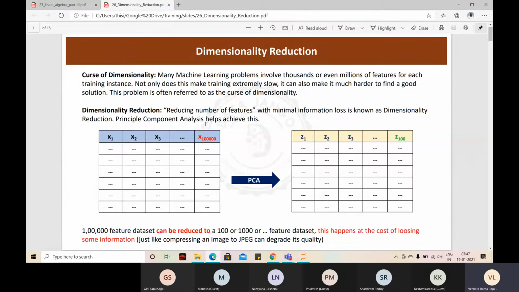Latent semantic analysis. That's the algorithm name, but I forgot the concept. Text summarization.